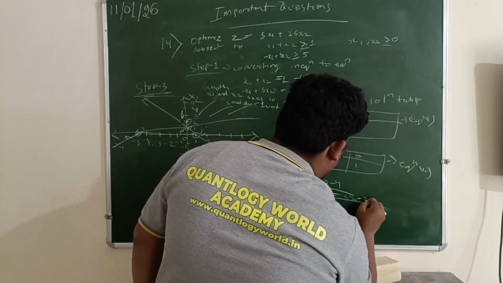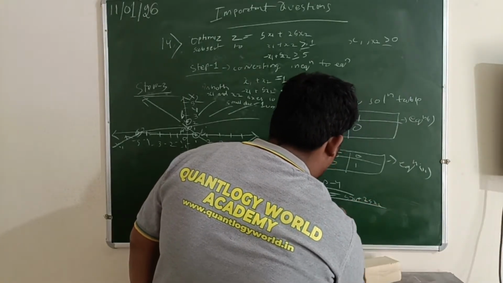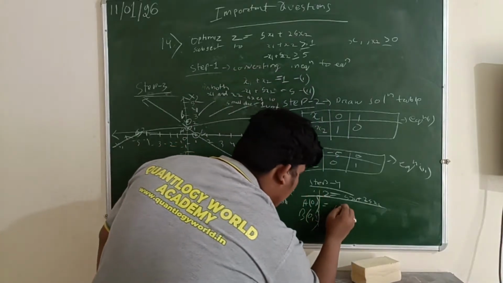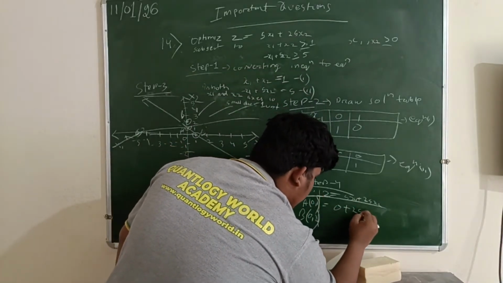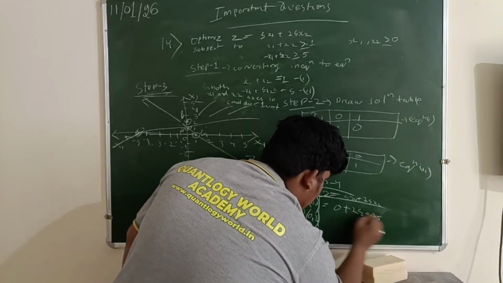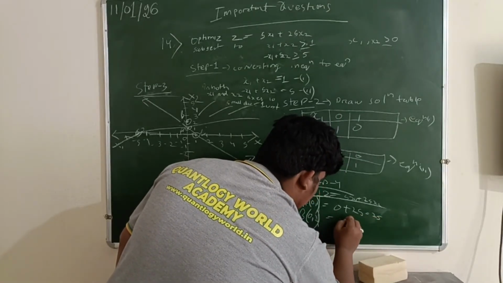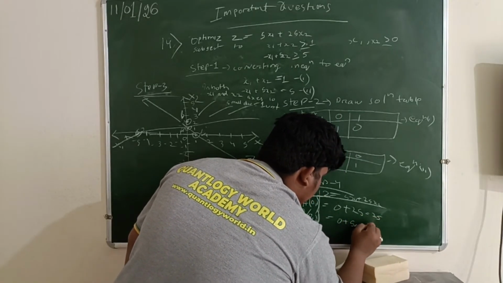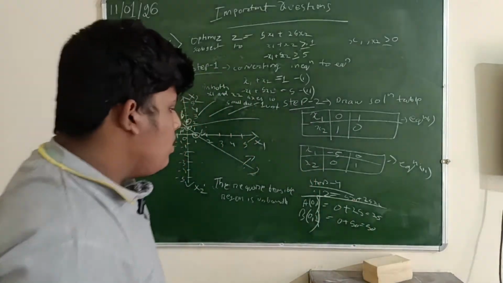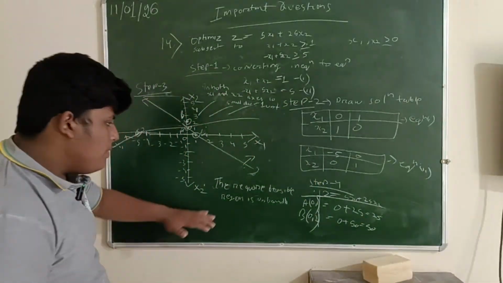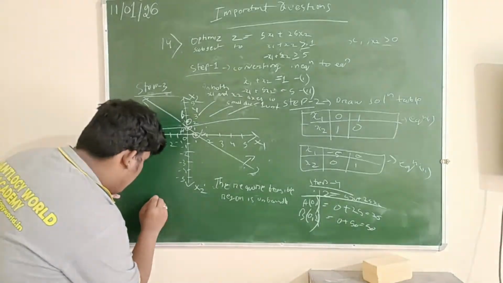Simply we put the values: 0 plus 25 equals 25, and 0 plus 50 equals 50. We will write the final step.